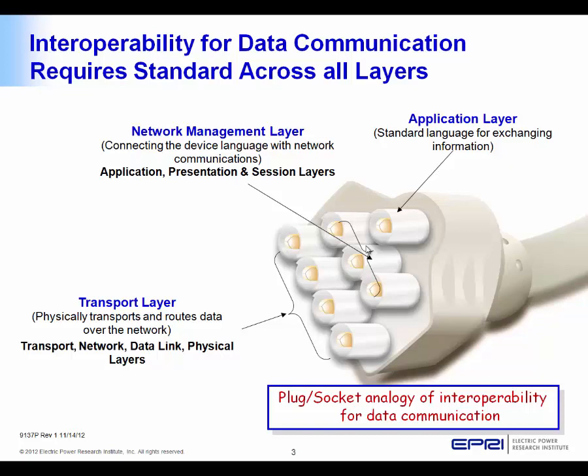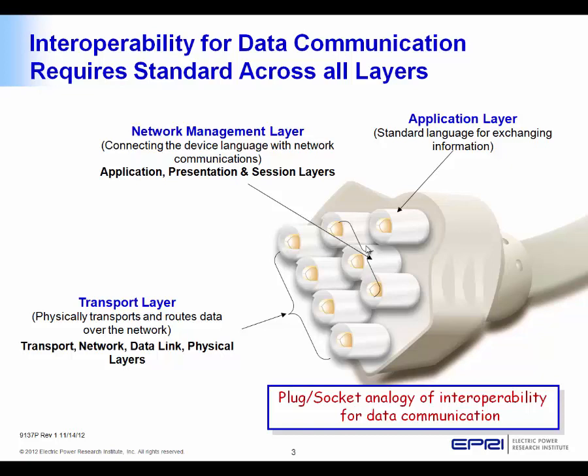If we thought about the interoperability of data communications within the utility system such that we can extend our reach for communications into buildings and into energy-consuming devices and appliances, this is an illustration of a plug-socket analogy of interoperability for data communications.